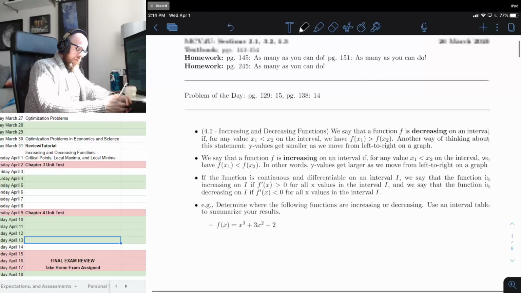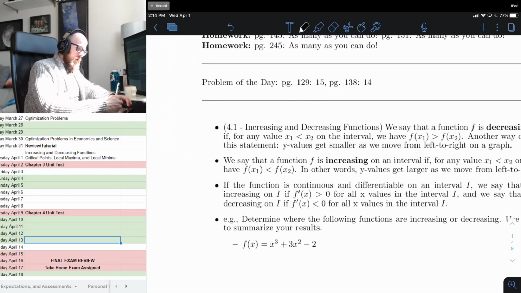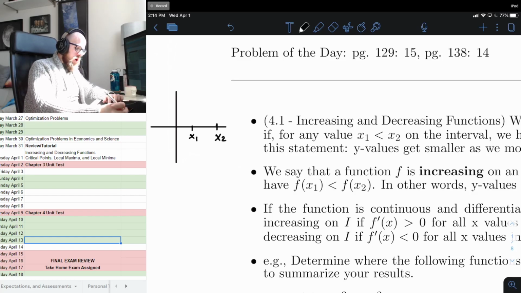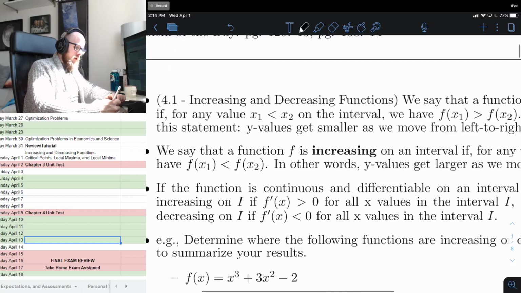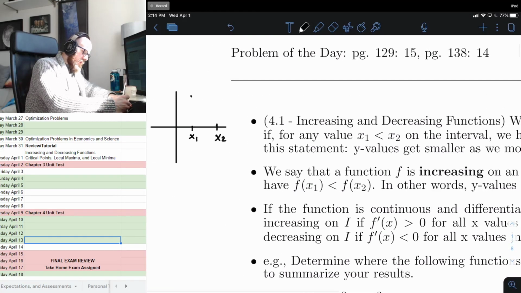It's saying that we have a function on an interval, or the function is decreasing on an interval, if for any x1 less than x2 on that interval. So let's draw out a little picture of our function. We have x1 and x2. And it's saying the function is decreasing if f at x1 is bigger than f at x2, right?